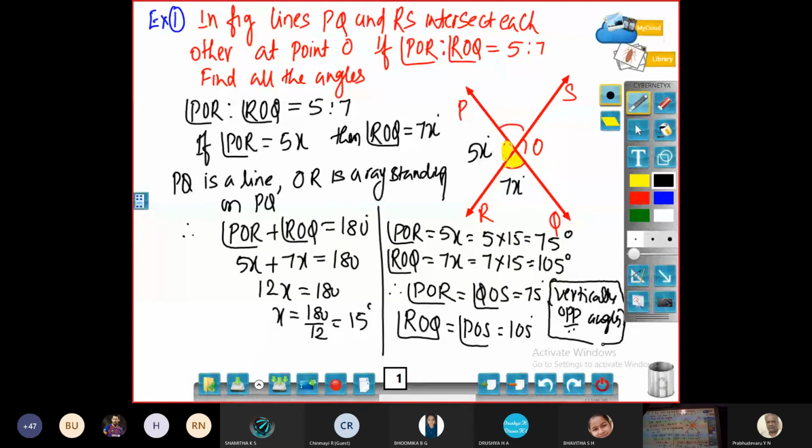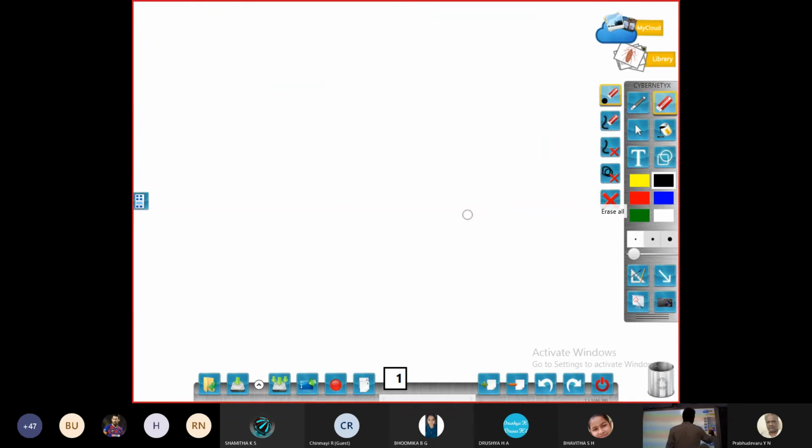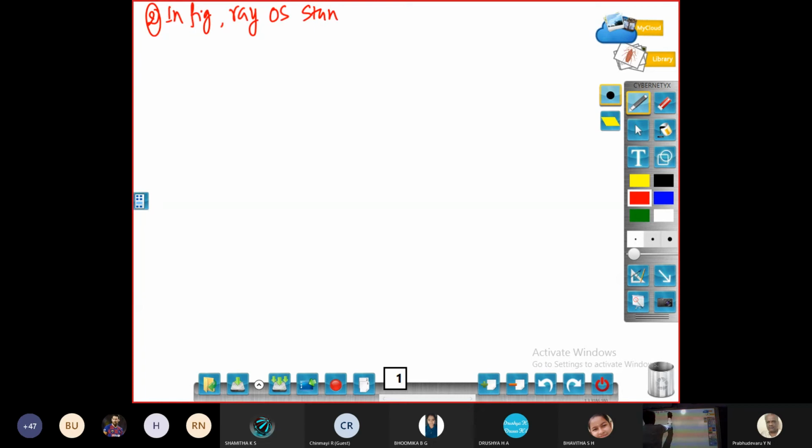Okay. So we'll do the next example question. Example 2. In the figure, ray OS stands on the line POQ.